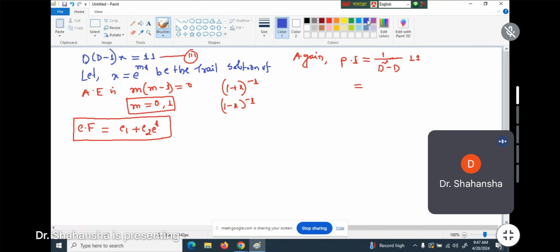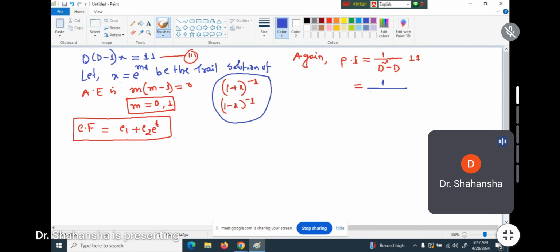Are you clear now? Yes, sir. If you want to solve it, you have to produce 1 plus x or 1 minus x form, but you have to be careful, D never goes to the denominator, because if D goes to the denominator it will be integration, and integration expands the function.